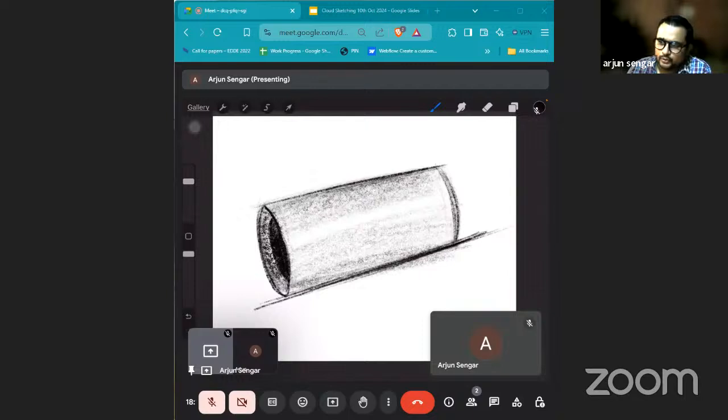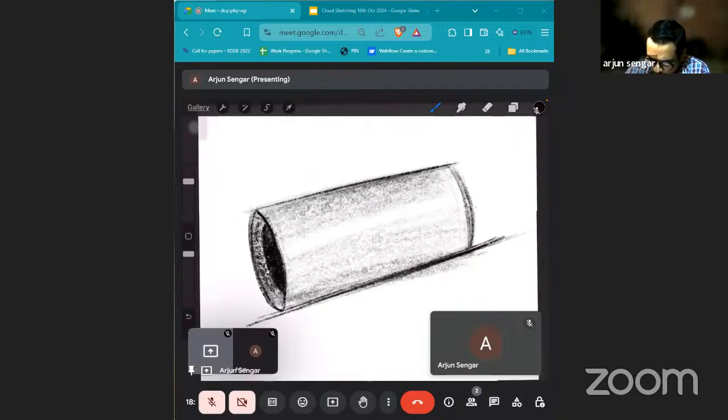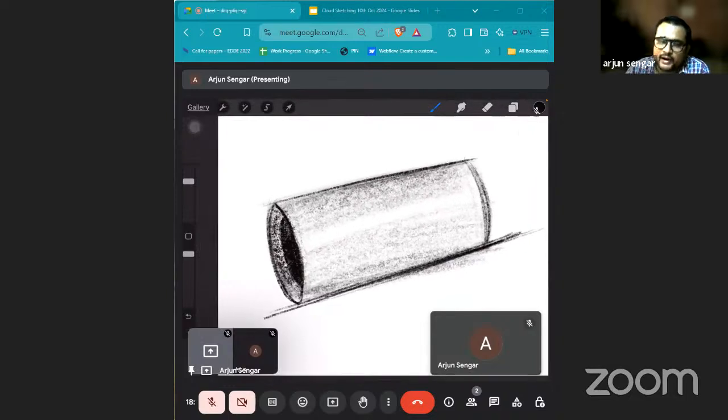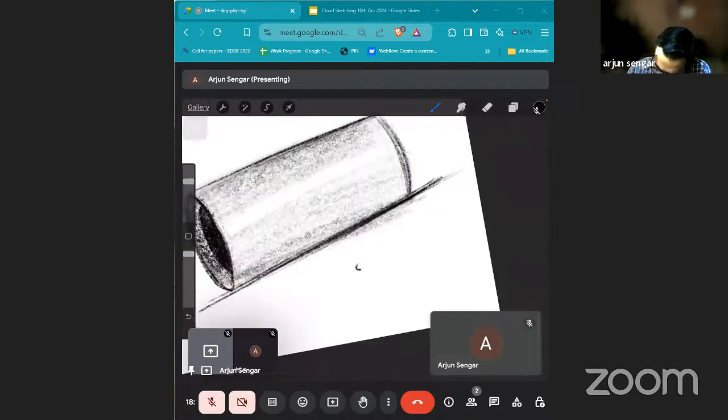How will I come to know if this body is curved or not? The answer is contour line. So my question is, is this curved or flat?